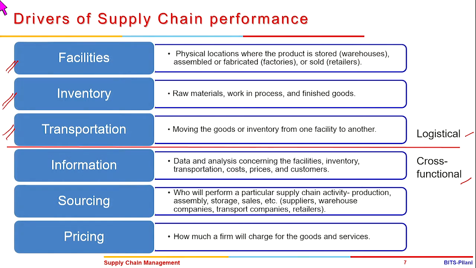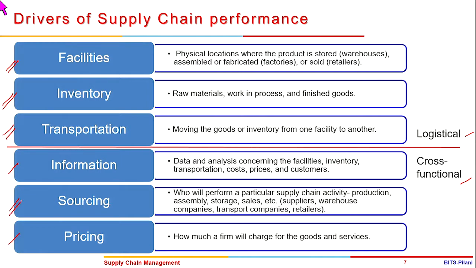Then there are three other supply chain performance drivers. These are information, sourcing, and pricing. Unlike the first three, these three do not deal directly with the material. Information is information about the facilities, the inventory, and the transportation, and also about pricing and sourcing.